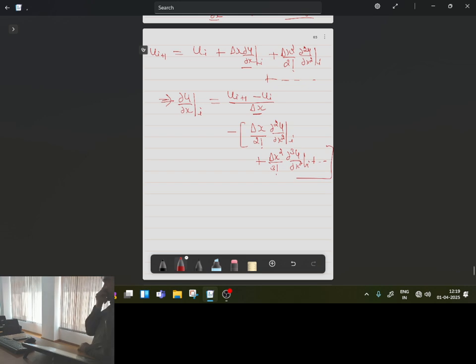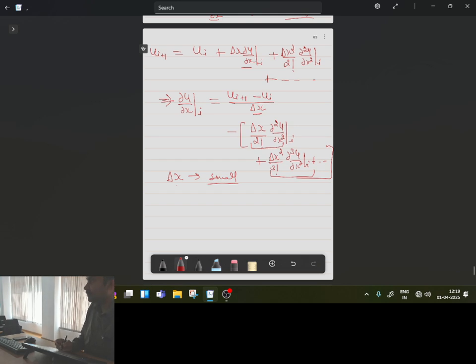Okay, now whenever I am considering this numerical approach, always we try to maintain delta x to be a smaller value. What is the reason? You will understand that if delta x is small, then among all these terms, which value will be dominating in magnitude?